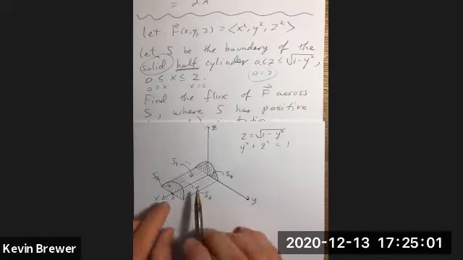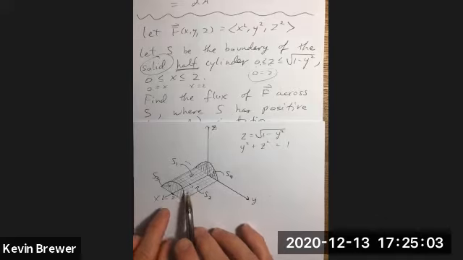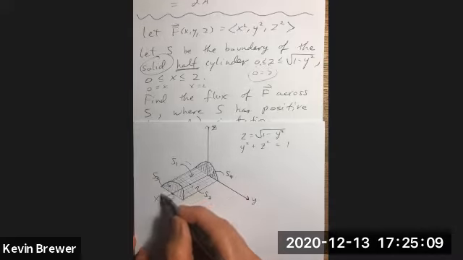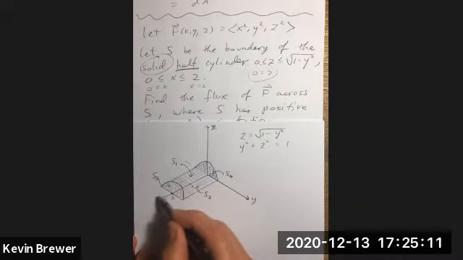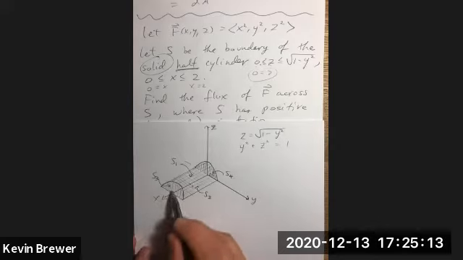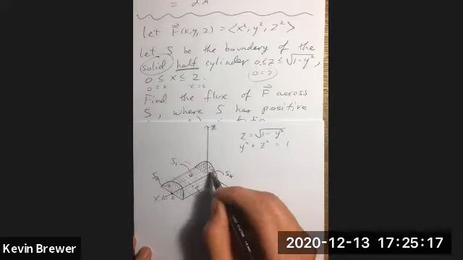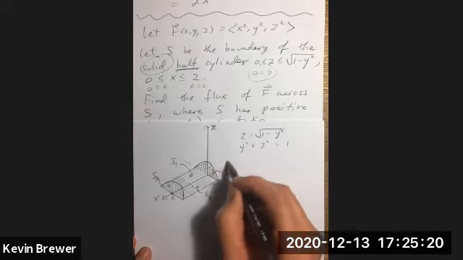And outward is going to mean we've got one direction here. So here, the outward direction is going to be towards the positive x-axis, normal to this surface. From this surface over here, S4, outward is in the negative x direction.